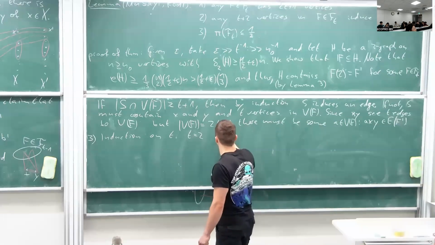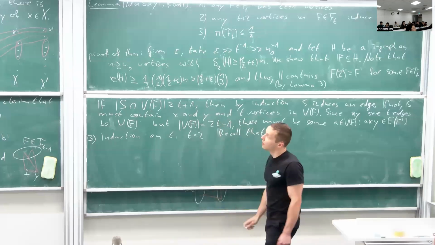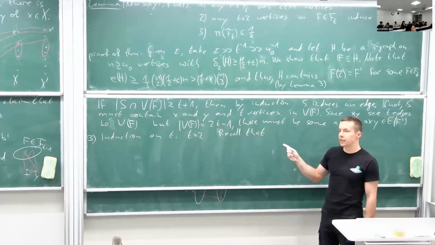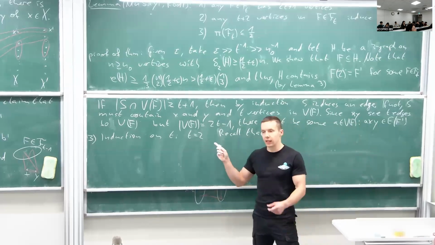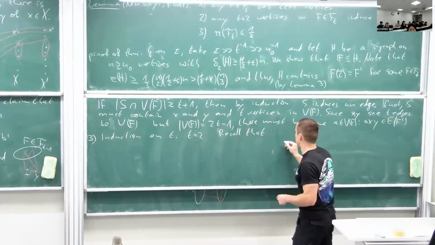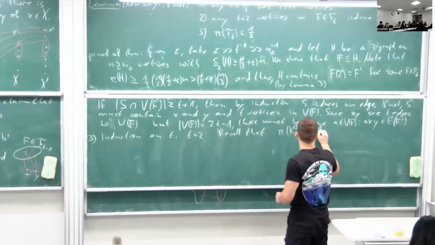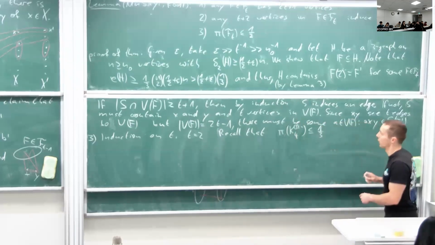So recall that the Turán density of the K4 minus, we proved that it's less than or equal to 1/3.